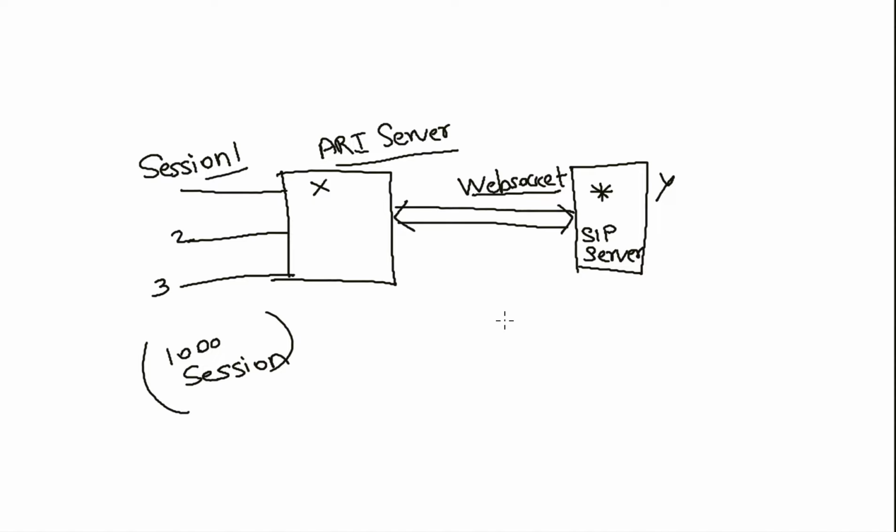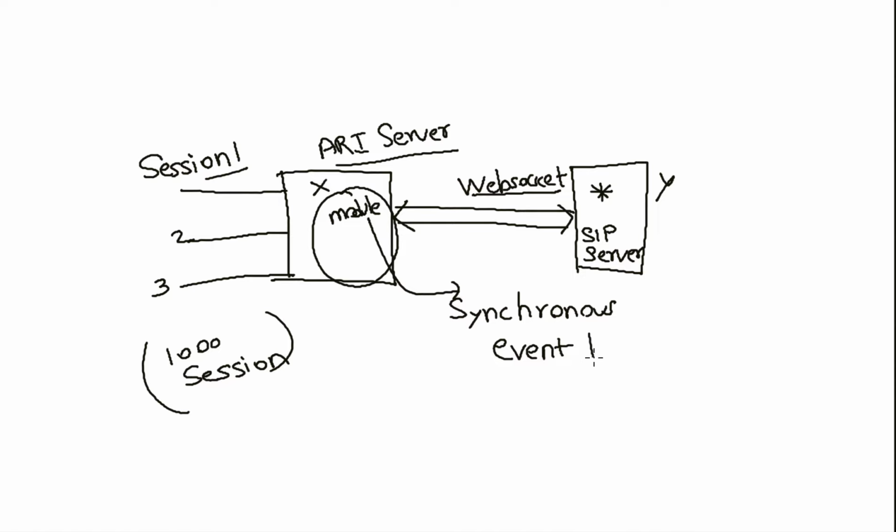Now here, this pattern is implemented by the module that takes care of the connectivity with the WebSocket. There is a module in the ARI server that keeps on looking for events from the WebSocket in a synchronous fashion. So on this side, it implements a synchronous event loop, which is a blocking loop.